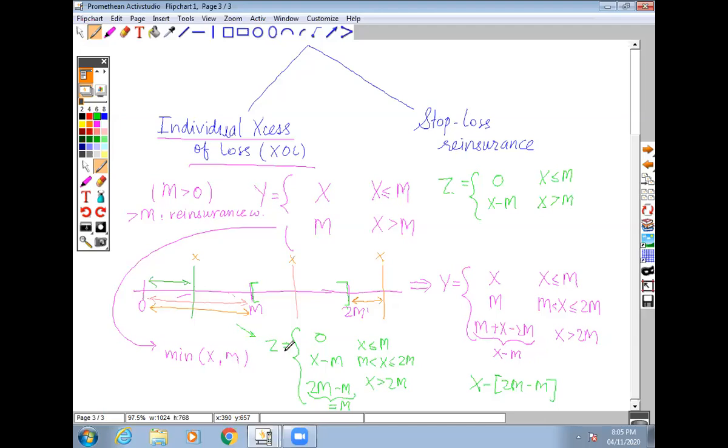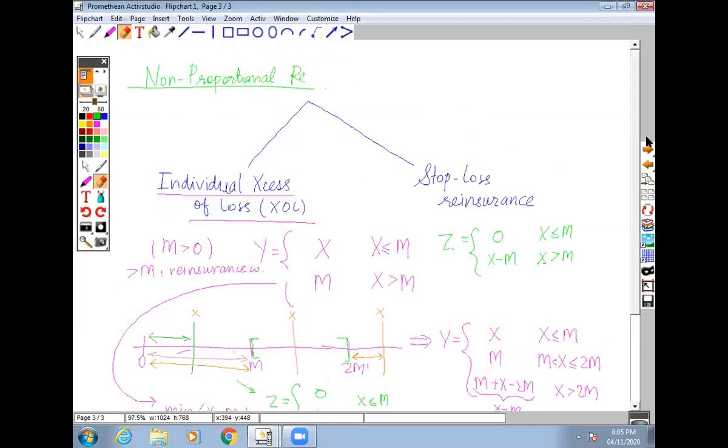So again, I think that was it about individual excess of loss. So we didn't really have a look at stop loss insurance. So yeah, we only had a look at this.